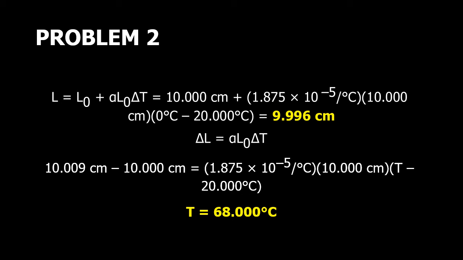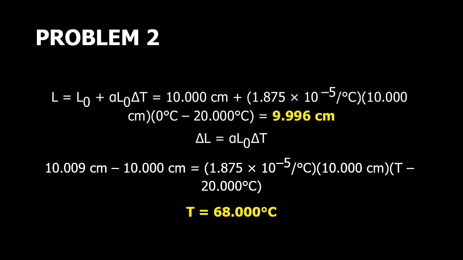Finally, we are asked to find the final temperature if the final length is 10.009 centimeters. We are using the same formula, but in this case we are finding the final temperature, as we are given the final length.